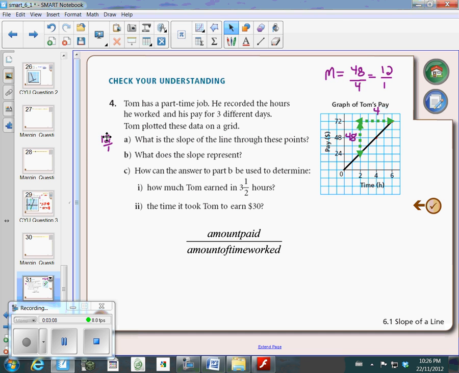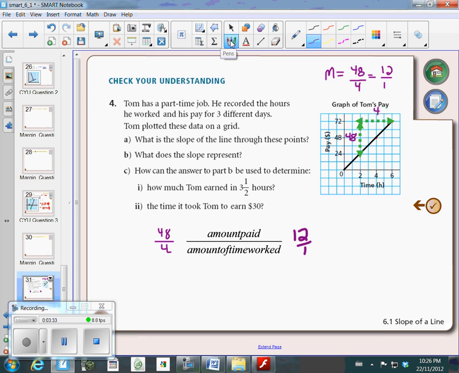Amount paid versus amount of time worked. So basically, Tom was paid $12 for every 1 hour, which we said originally was $48 for 4 hours. Well, that's the same as $12 per hour.